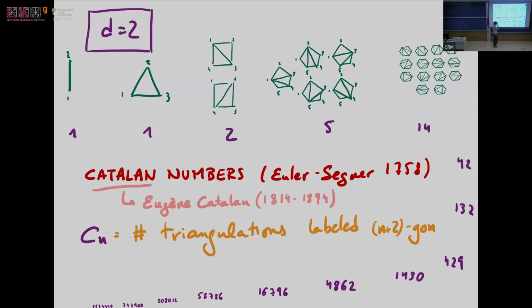It seems like the first people who actually found the formula for the Catalan numbers were Euler and Segner. There are some nice pieces of history of maths that tell you, on the one hand, who found these Catalan numbers, which was not Catalan, and then somebody also tried to see why we call them the Catalan numbers, exactly who was the first person who started saying these numbers are the Catalan numbers.